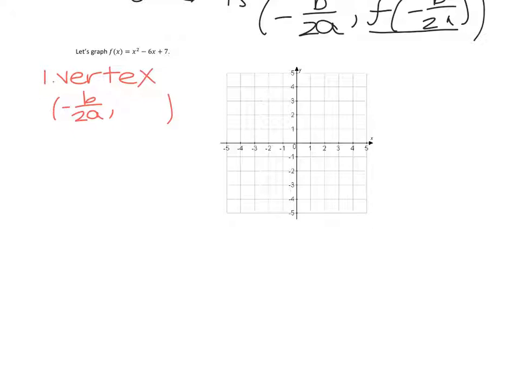So it's the opposite of b. So b is your middle term, -6, over 2a, where a is your leading coefficient. So -6 over 2 is -3, so the opposite of -3 is 3.